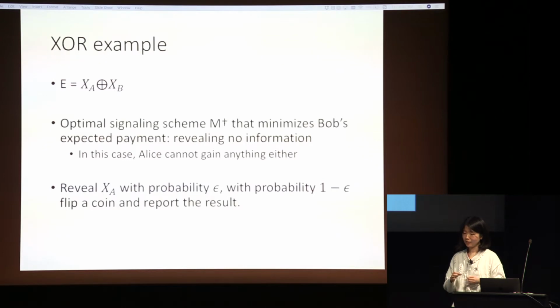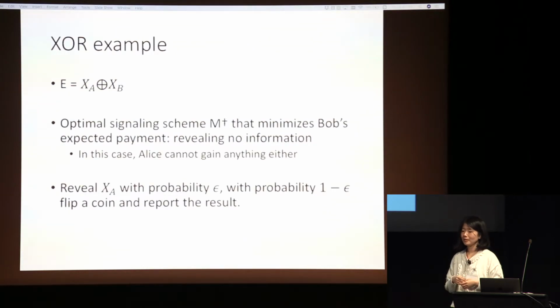But if Alice reveals a little bit, then Bob is going to know something. So basically, if Alice just wants to minimize the value of Bob's information, Alice should reveal nothing in the first stage. But the problem is, it will not give Bob any motivation to participate in the market.